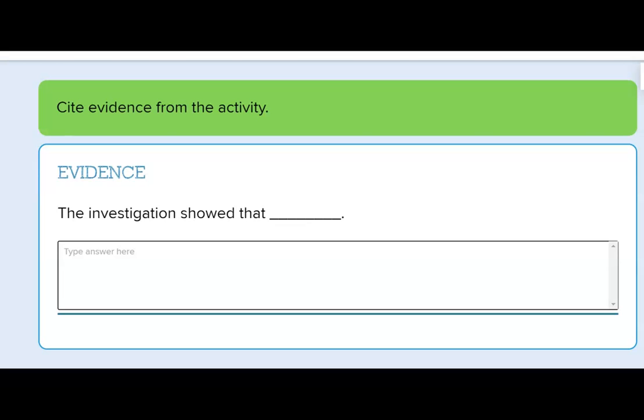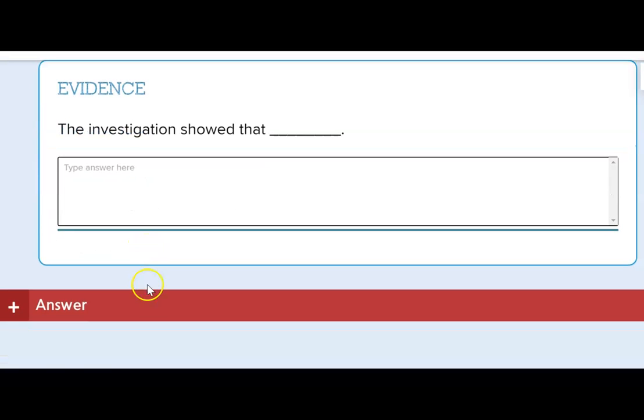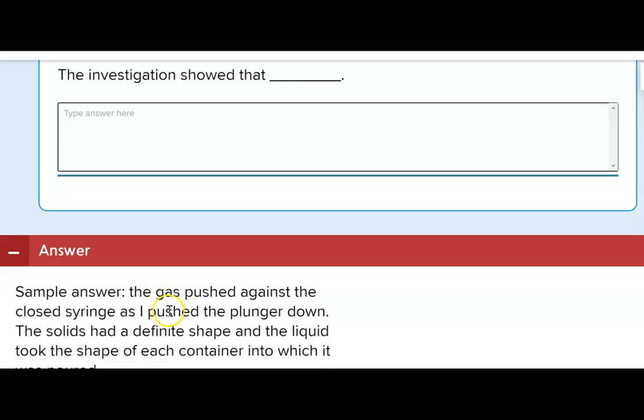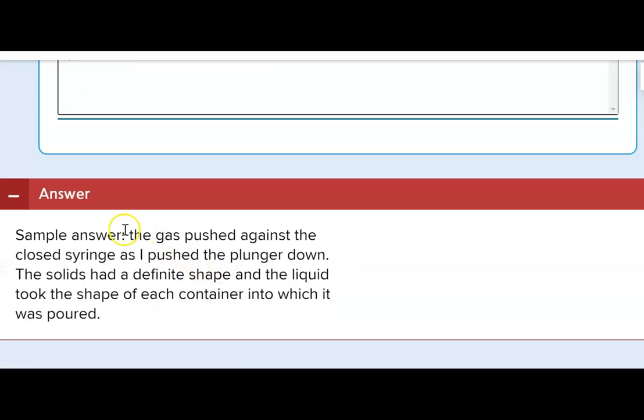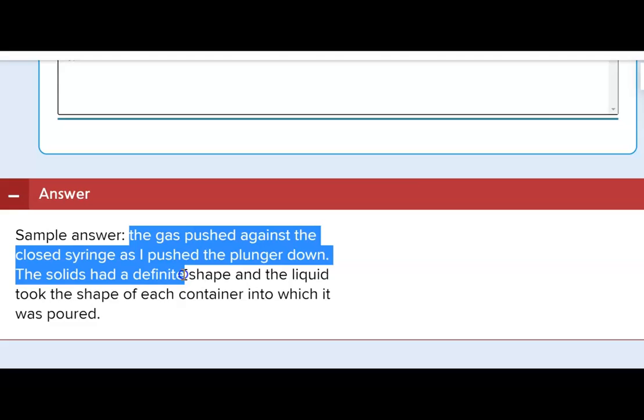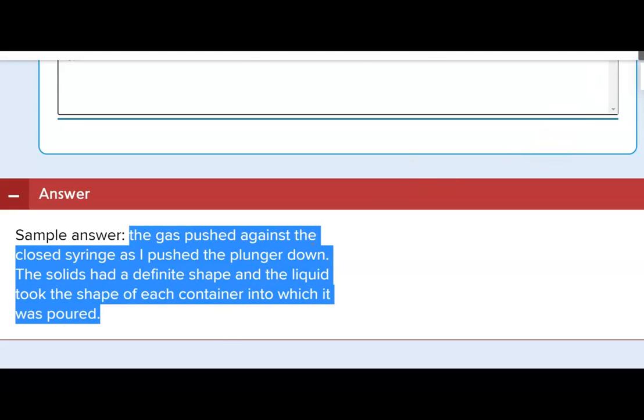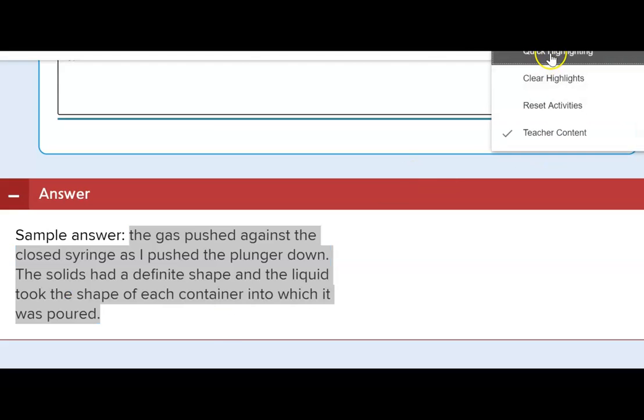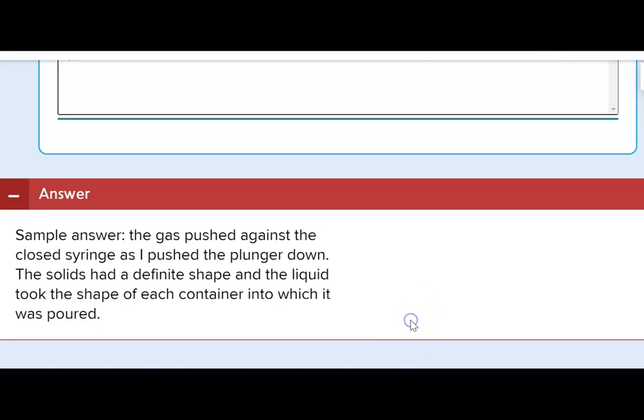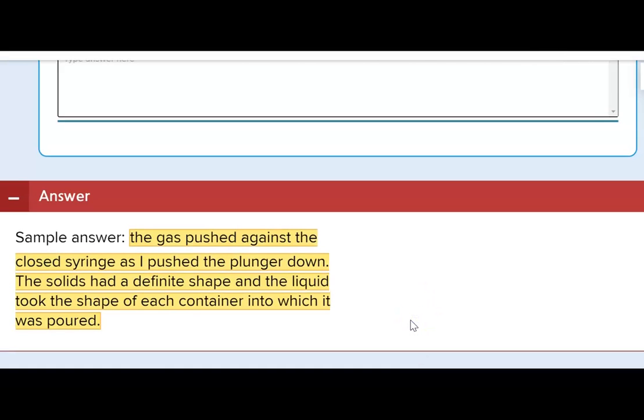So the investigation showed that, this is the model answer, I will highlight it for you. The gas pushed against the closed syringe as I pushed the plunger down. The solid has a definite shape, and the liquid took the shape of each container into which it was poured.